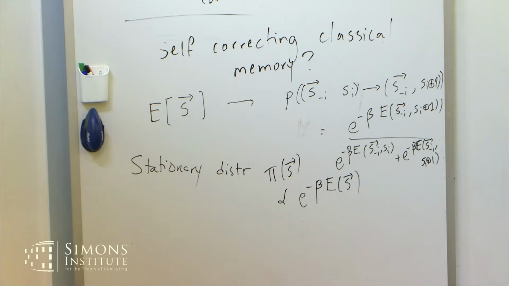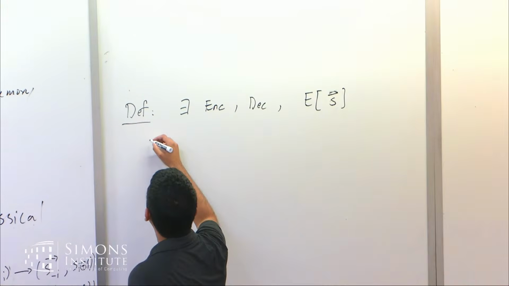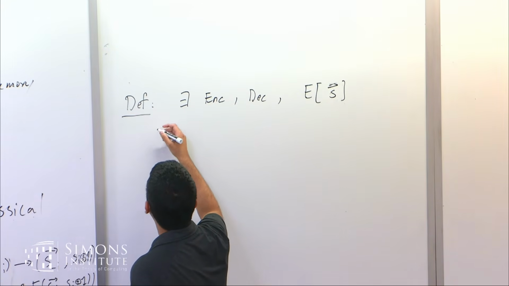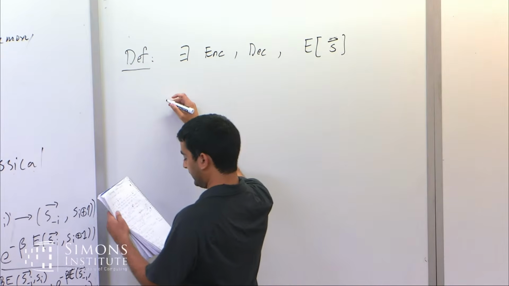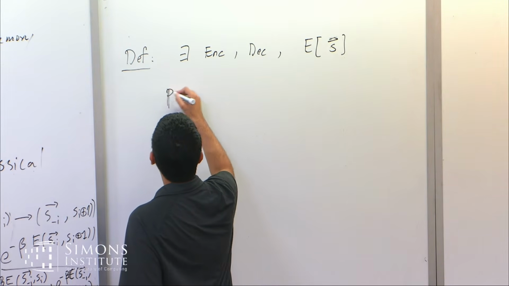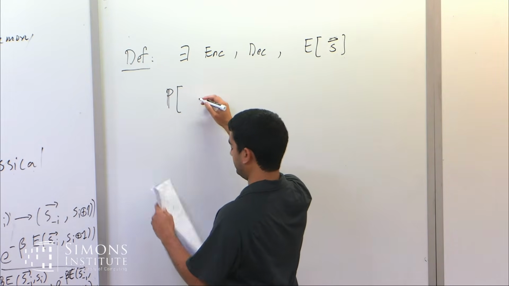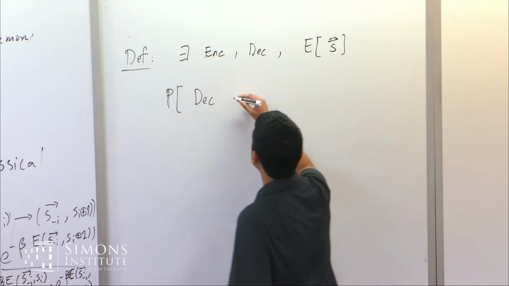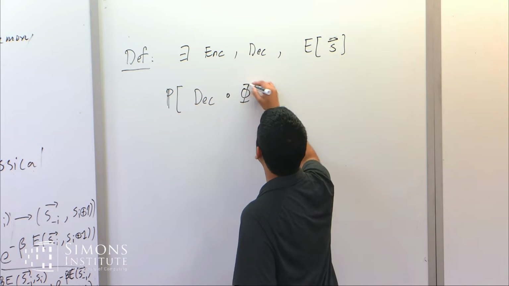And so given an encoding map and a decoding map, and given an energy function E, this defines a self-correcting classical memory if the probability of the decoding process, the probability of this quantity, is small.